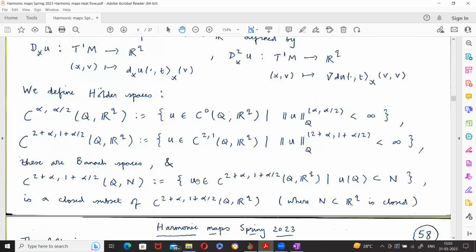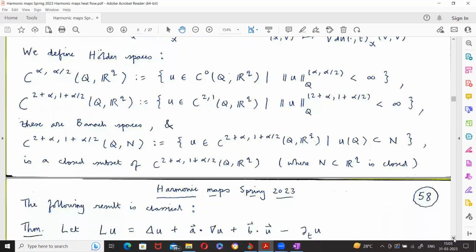So these are the functions u in C2 plus alpha, 1 plus alpha by 2 from Q to RQ, such that u of q is contained in N, where N is identified with its image in RQ, I of N actually. I can define this for any closed subset N of RQ. This space will be a closed subset, not a linear subspace, just a closed subset of this Banach space.